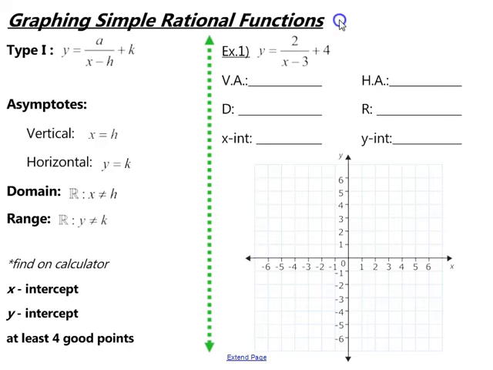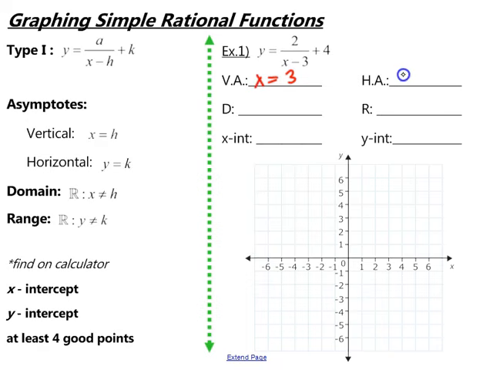So let's go ahead and walk through one example. This is a rational function given to us in type 1, so let's fill in the information that we can gather from here. The vertical asymptote is going to be x equals h. So remember, this is h with the opposite sign of what it looks like. So we have the equation x equals positive 3. The horizontal asymptote is going to be y equals k.